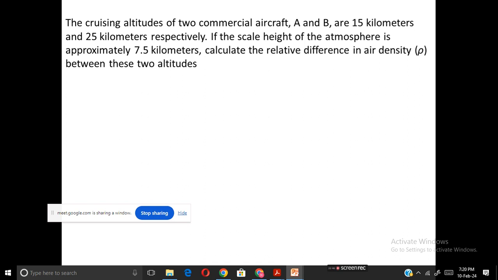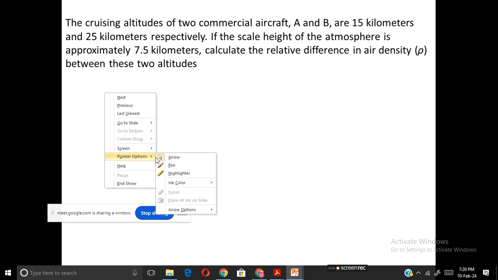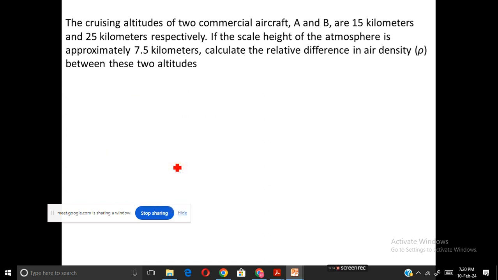Which equation will we use? Yeah, rho is equal to rho 0 e raised to minus z by H. That's an exponential relation. So two heights are there. Set A, let it be 15 kilometers, the height at which aircraft A is flying.